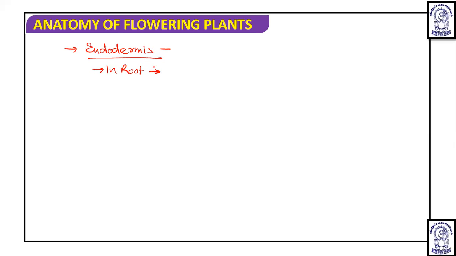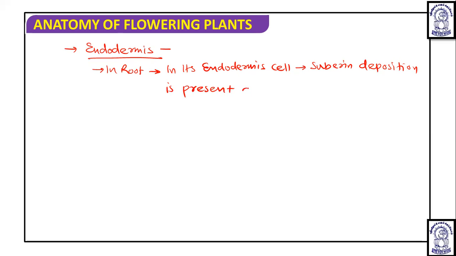When we talk about root, in its endodermis cells, suberin deposition is present as Casparian strips on inner and radial walls.